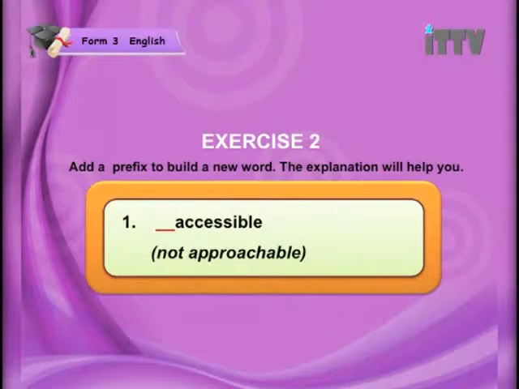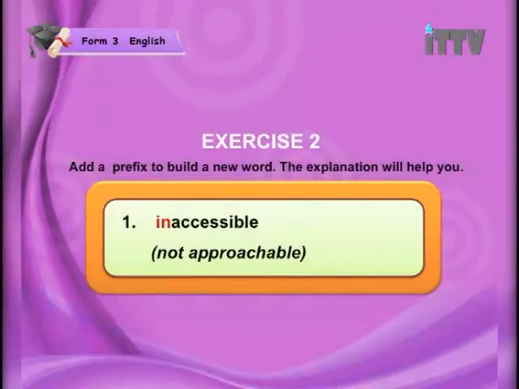See, not approachable. So what prefix? Think. Got the answer, students? All right, let's check it out. Inaccessible. Now, once you learn all these words, put them into use. Use them in your writing.